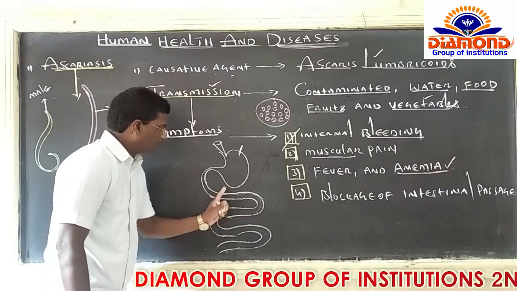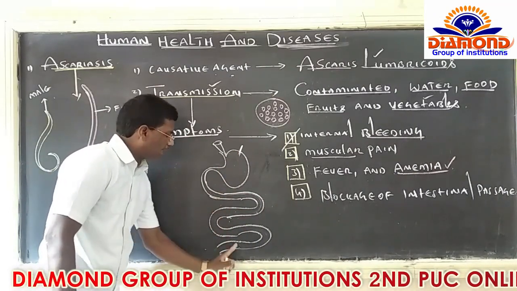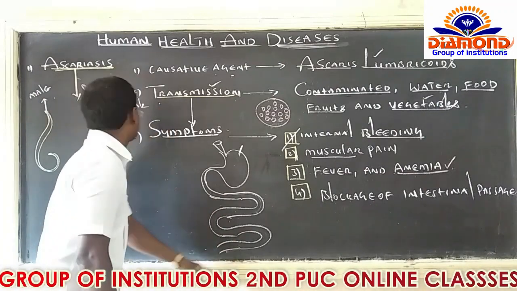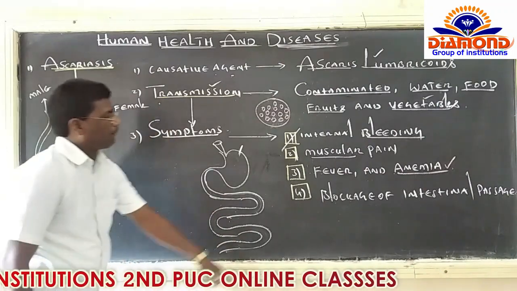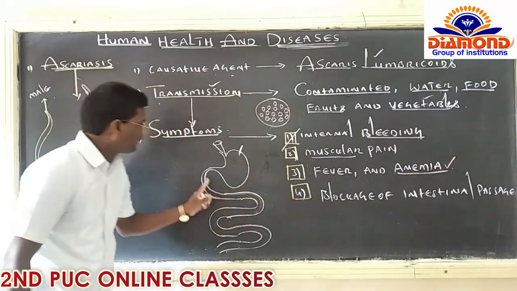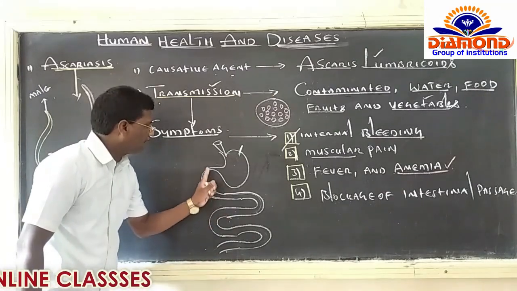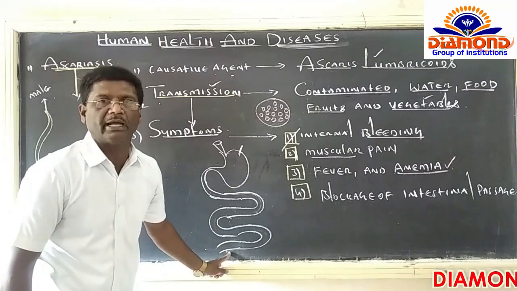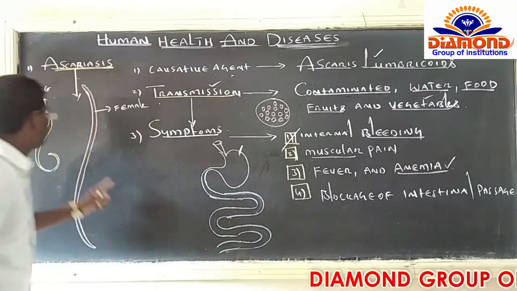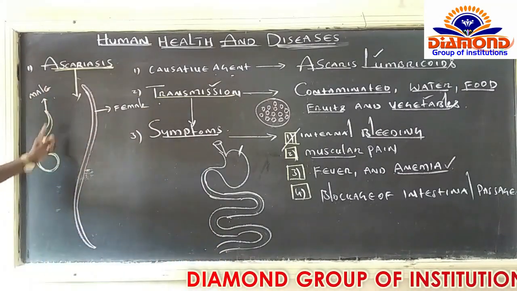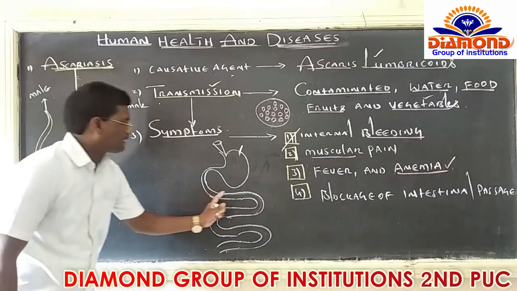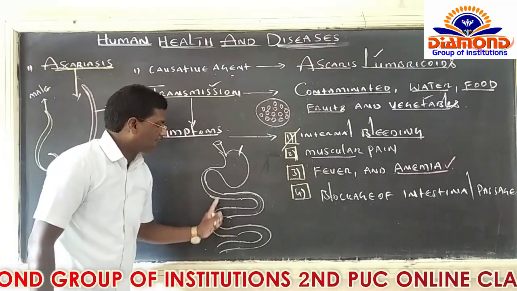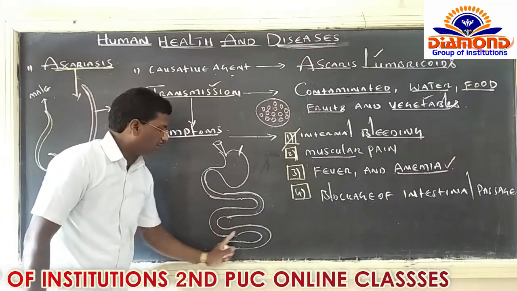When the food is going to pass from one part of the small intestine to another part, the food is going to be blocked here. That means food material cannot be transported from top to bottom of the small intestine. What is the basic reason behind that? I already mentioned very clearly, Ascaris male and Ascaris female are present inside the small intestine, and they release eggs continuously.